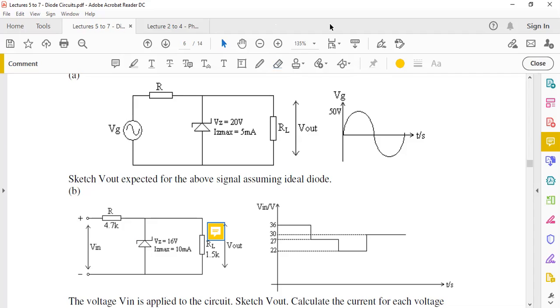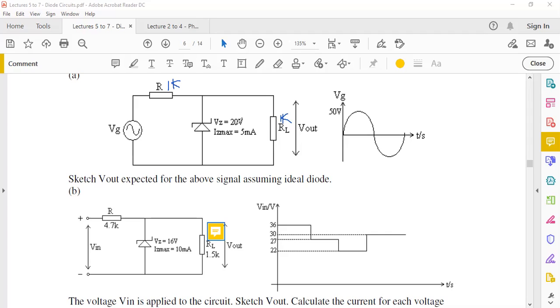Let me just try to annotate now and take the specific case we are looking at. So let's say this is 1K and this is 1K, for example. In this situation, we can see clearly that your voltage across RL would tend to be half of the applied voltage. So the question now is, when is this applied voltage in the positive half cycle going to exceed 20 volts?